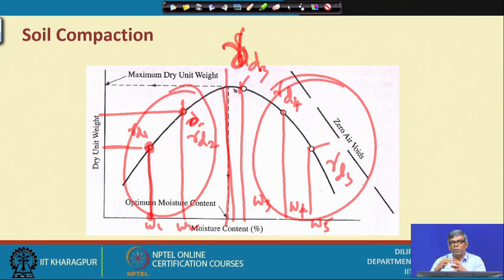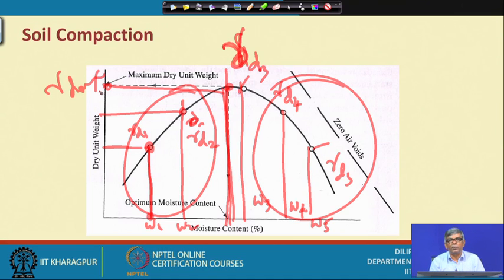So during the test we always have to take 2 points on the dropping side and 2 on the lesser side, so that we get a smooth curve like this. From this curve one can find the optimum moisture content, and gamma d max is this.